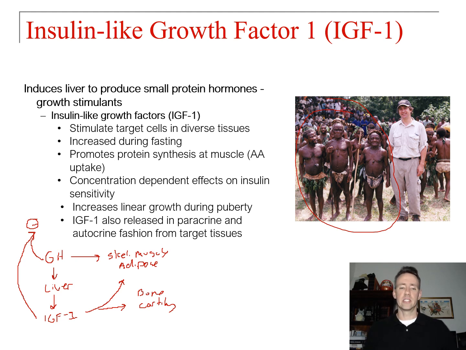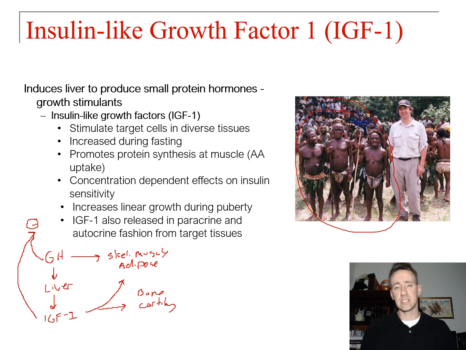IGF-1, in addition to being released by the liver in abundance, can also be released locally by the tissues themselves. So what happens is that growth hormone not only has a direct action on tissues where it can induce changes, and can act on the liver to increase IGF-1, but it can also act on other peripheral tissues, and its action seems to be less direct there.